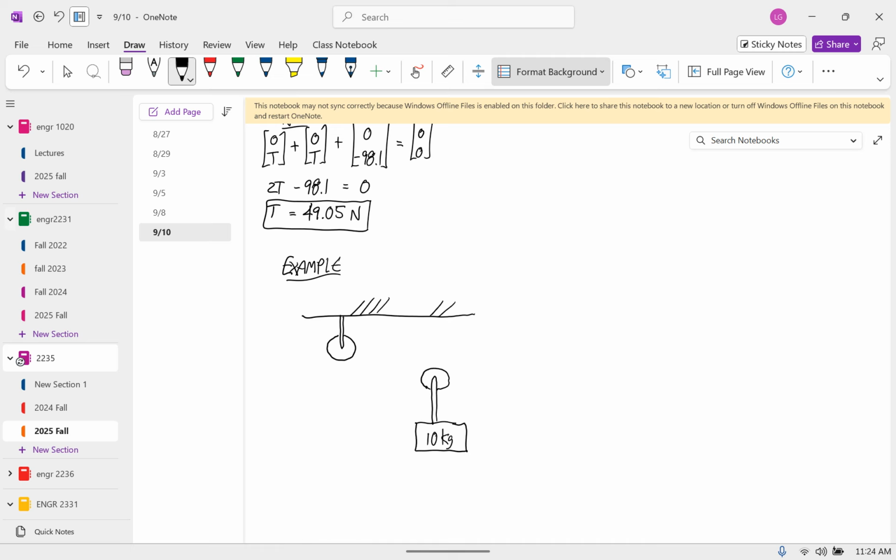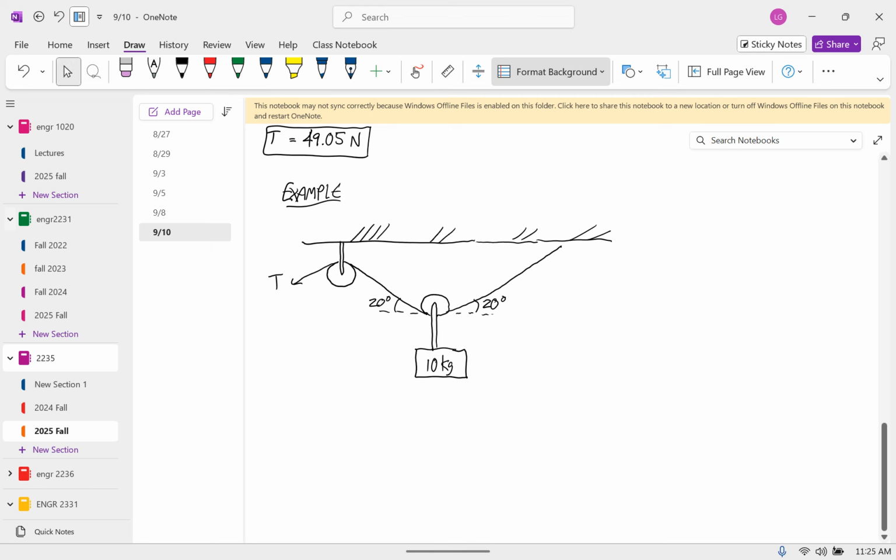But this time the cable goes like this, and this. And let's say that these angles are 20 degrees. Okay, so in this case, what's that force T that you have to apply to hold this up?